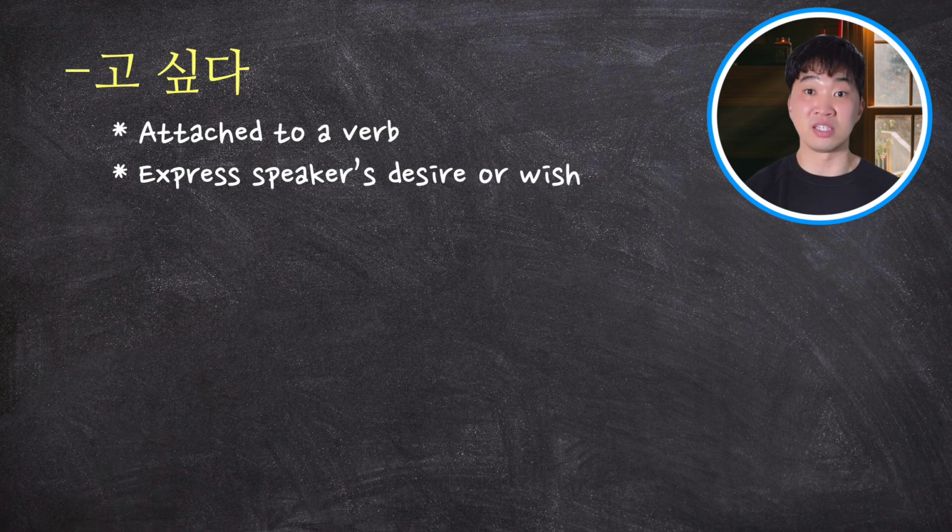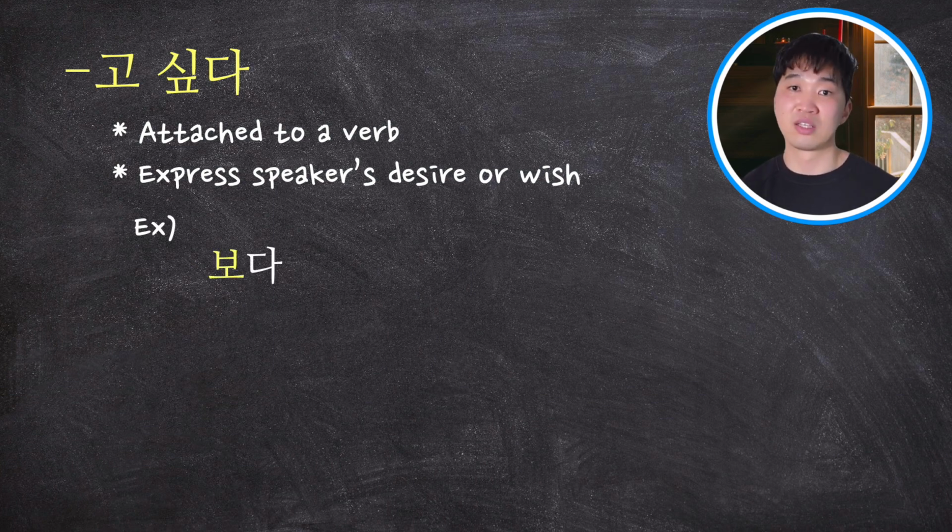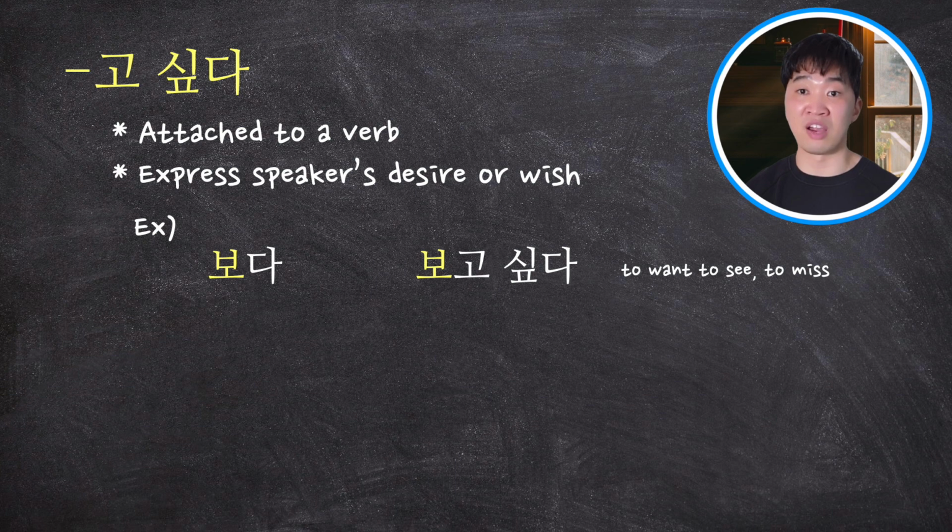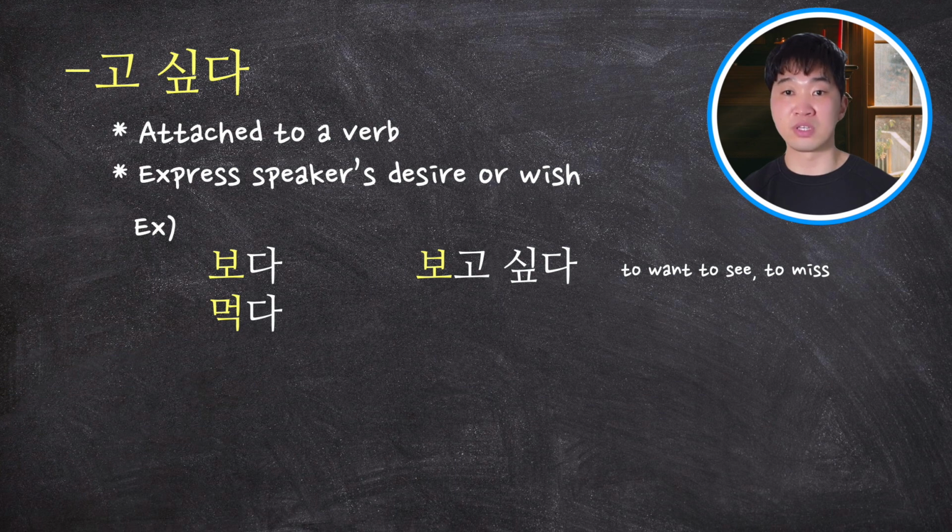고 싶다 is attached to a verb. When the verb meets 고 싶다, that expresses the speaker's desire or wish. For example, when 보다, to see, meets 고 싶다, we put 고 싶다 after the verb stem 보, so that becomes 보고 싶다. I desire to watch, I want to see, I missed. Another example here is 먹다, which means to eat.